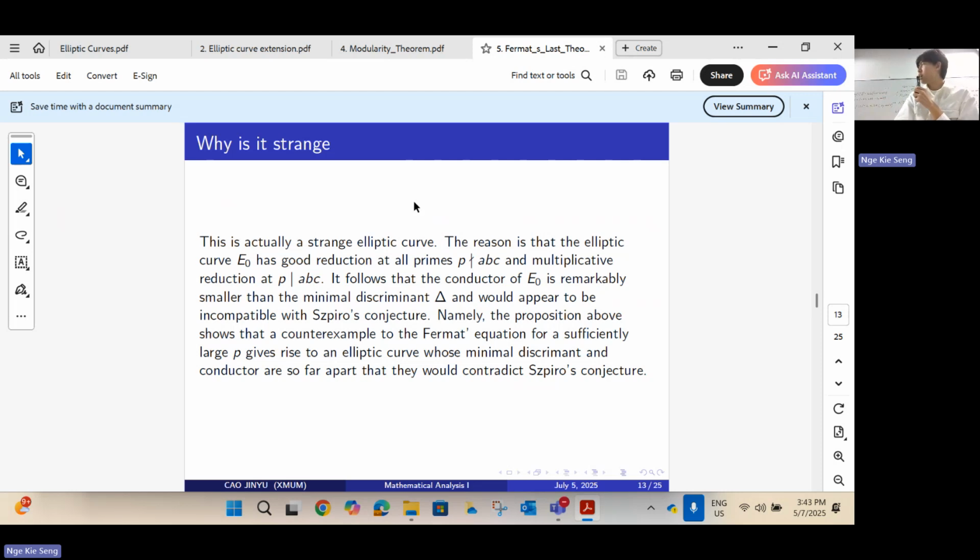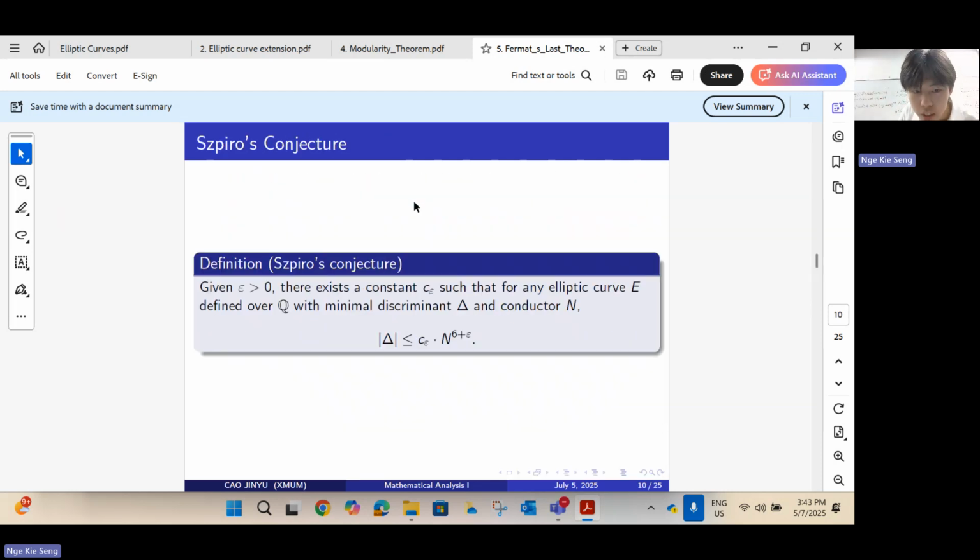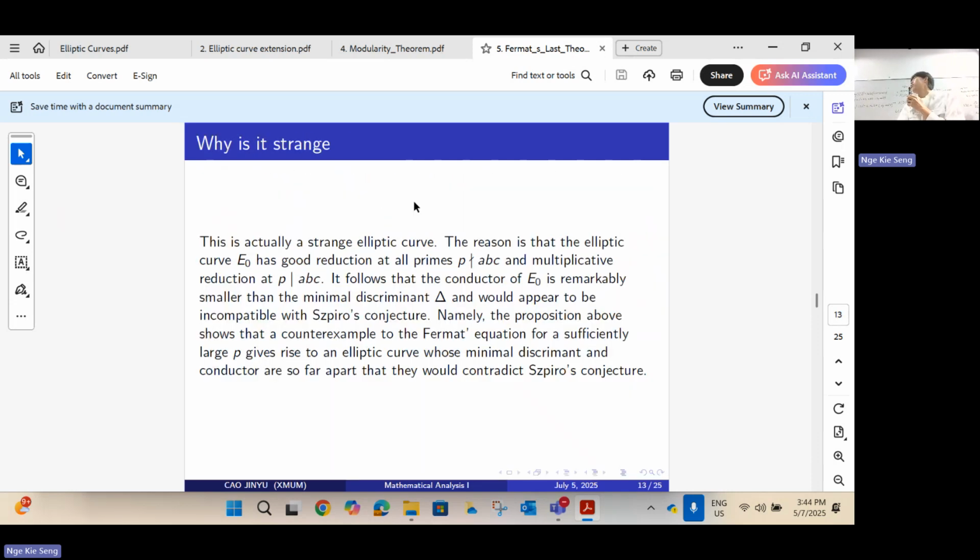Because based on Szpiro's conjecture, it says that the minimal discriminant should be close to the conductor of the elliptic curve. But actually, for sufficiently large prime number p, this might not hold.